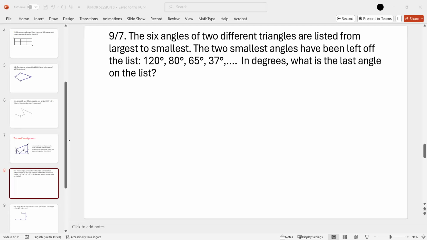The 6 angles of 2 different triangles are listed from the largest to the smallest. Okay, so you've got 2 triangles, and therefore there are 6 angles. All right, that makes sense. So let's just draw these triangles.